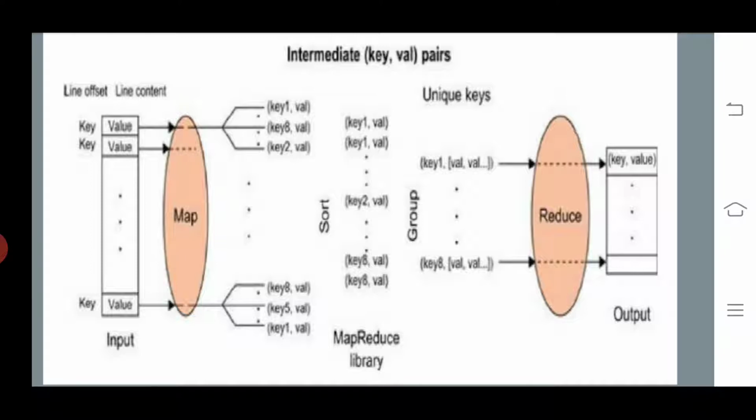It manages the execution of individual map and reduce tasks on a compute node in the cluster. The second process is the job tracker. It accepts job submissions, provides job monitoring and control, and manages the distribution of tasks to the task tracker nodes. That is the concept of intermediate key-value pairs.